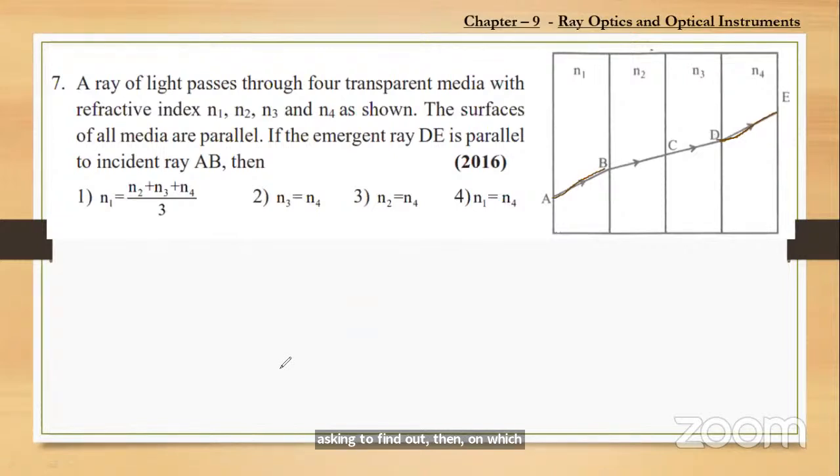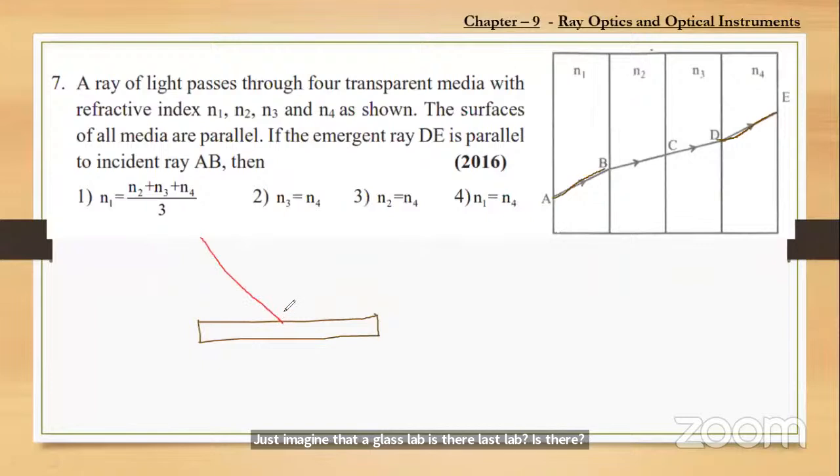Now, just imagine that a glass slab is there. If light passes through it, as you know, when it enters the medium, it bends towards the normal. This is what the normal means. And again, when coming back to the same medium, it is ejected parallel. So the refractive index of this one should be equal to this one.